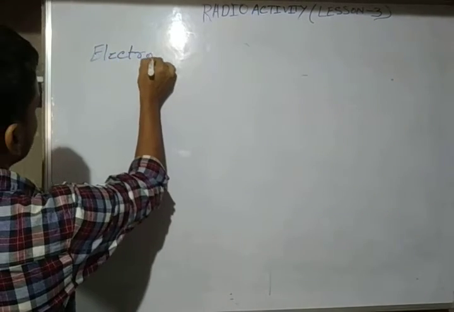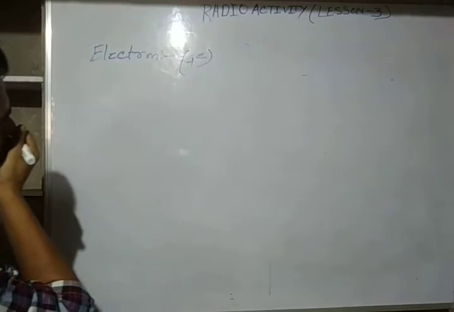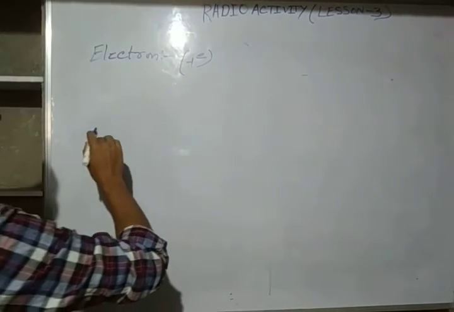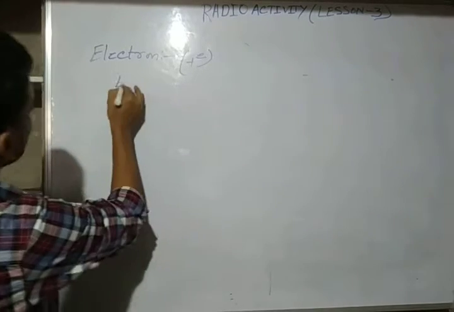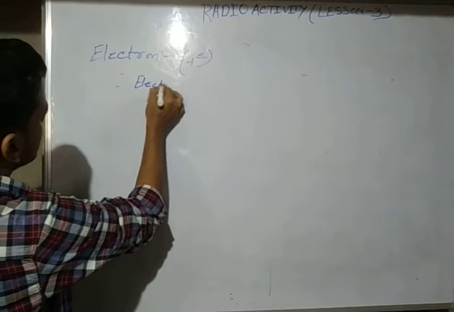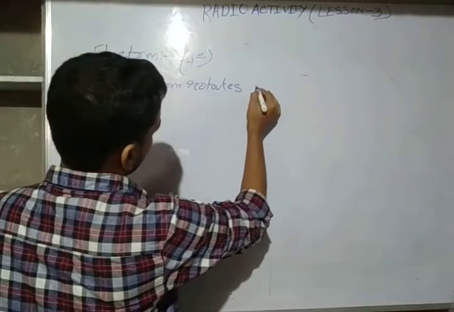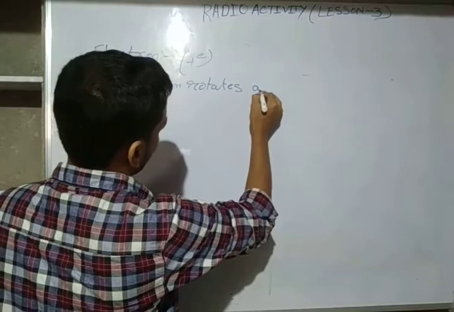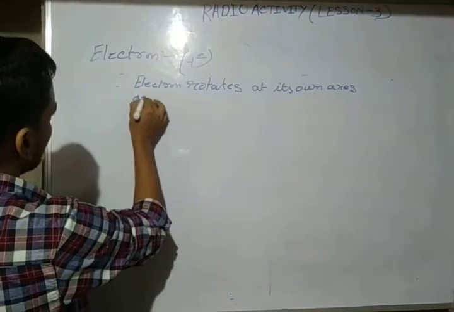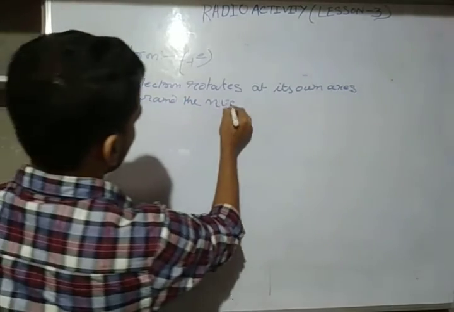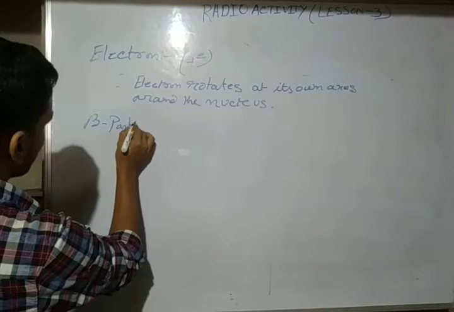In case of electron, what occurs? Electron rotates on its own axis around the nucleus. But for beta particle, what occurs?